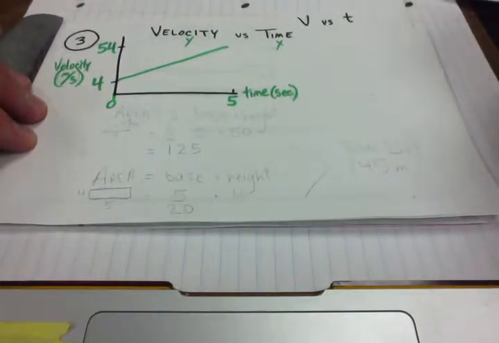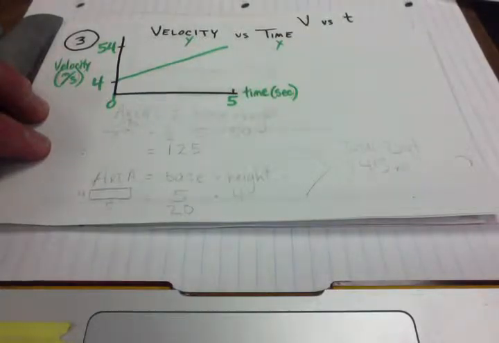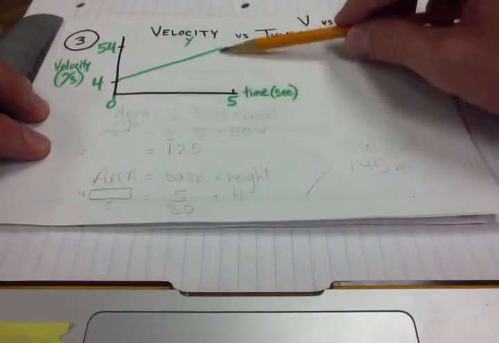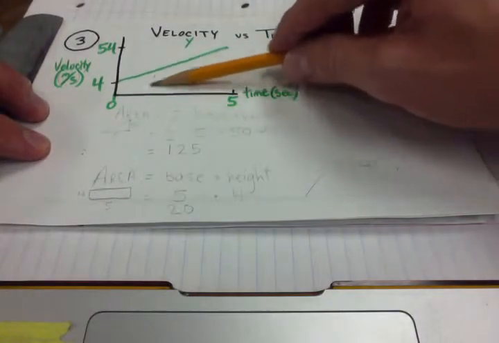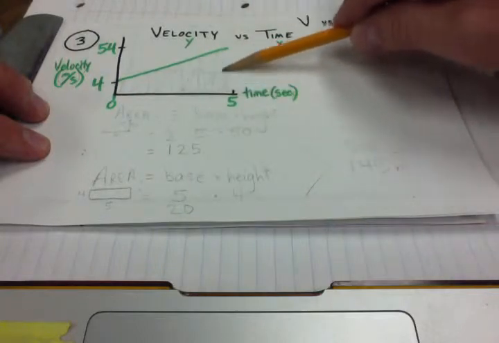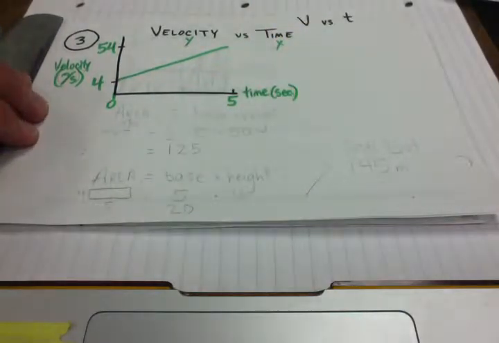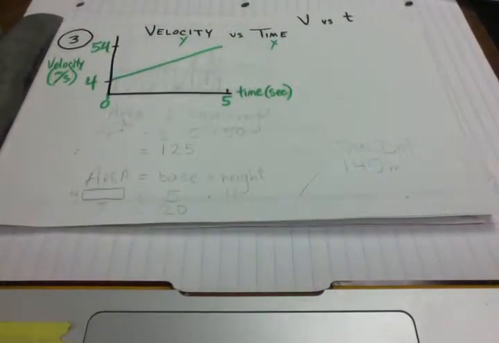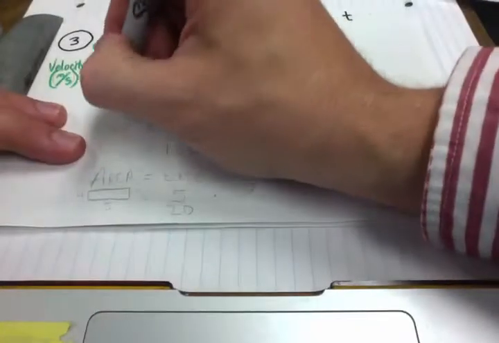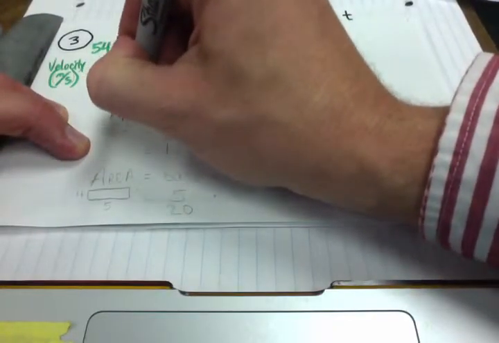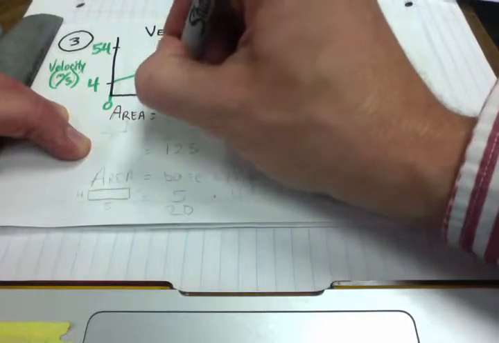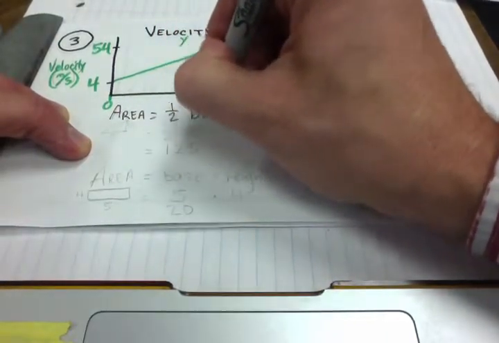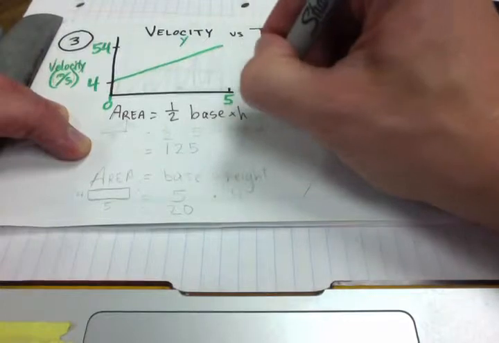To find what the area would show us, and this is maybe a little tricky one to look at, but if I wanted to figure out this area underneath this line, that area does represent how far it's going to go. So that is a shortcut on our velocity versus time graphs. Using that area feature is a really good shortcut and very useful for us.